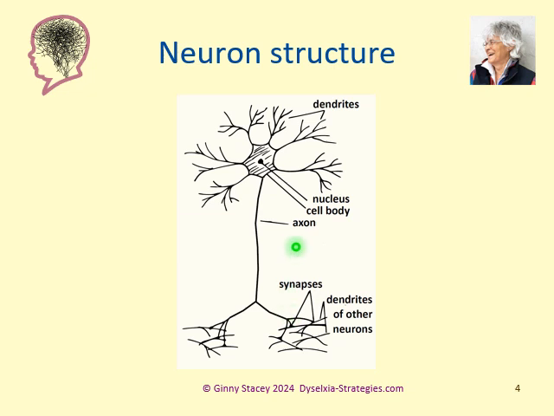And then as a neuron is used over and over again, a myelin sheath is built down the axon to take the signal much faster and allow connections between neurons to go very quickly.